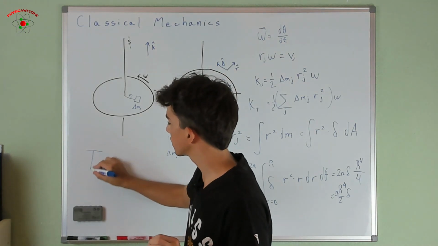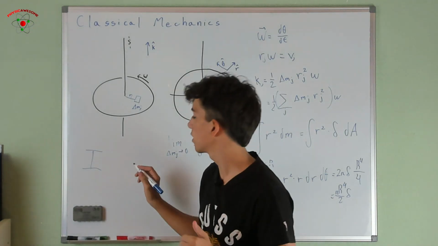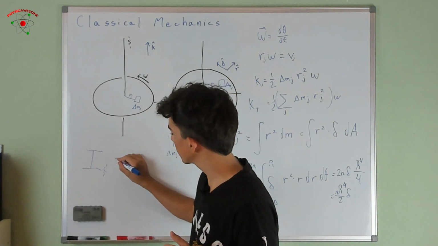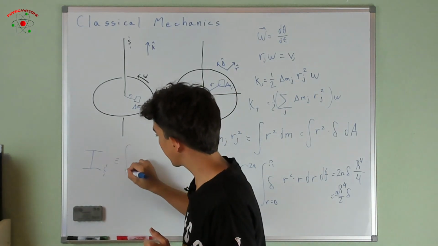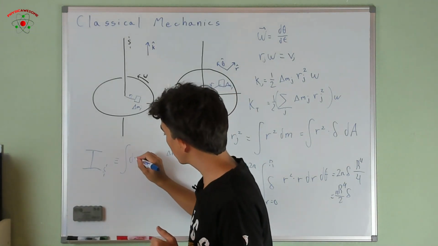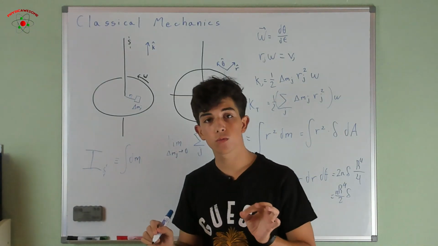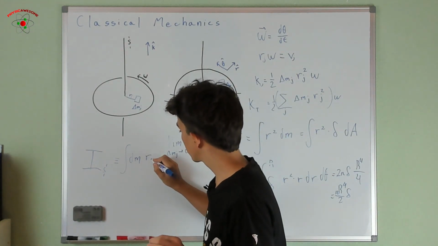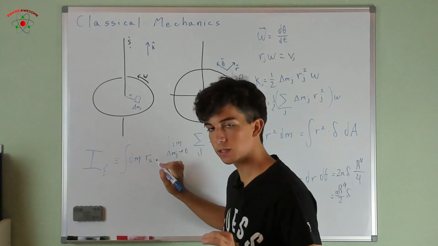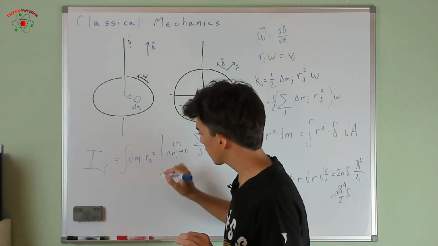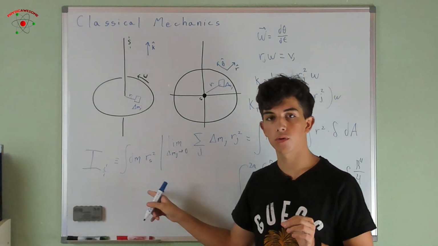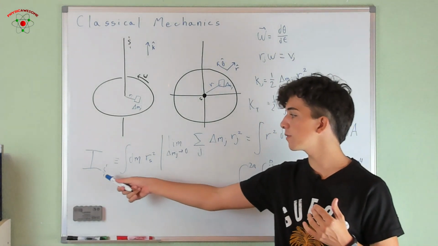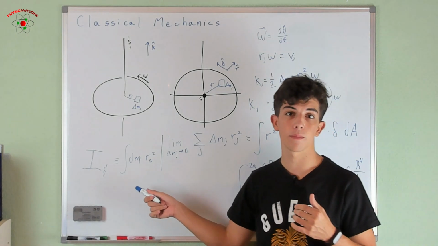It's going to be represented with an I, from inertia, of the axis S. And this is going to be defined to be the integral over all the mass, and we're going to be integrating the vector to the axis squared. And this quantity is going to be really important. Furthermore, it is customary to express the moment of inertia in terms of the total mass.